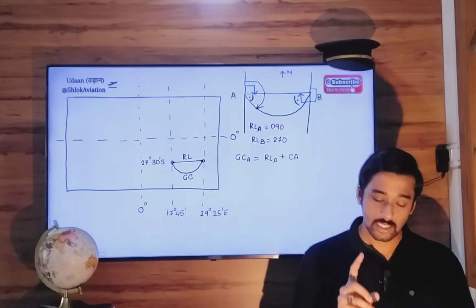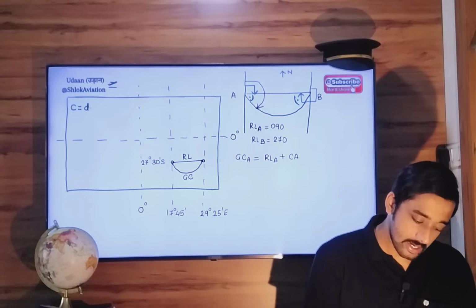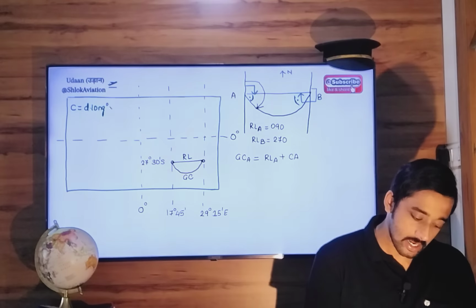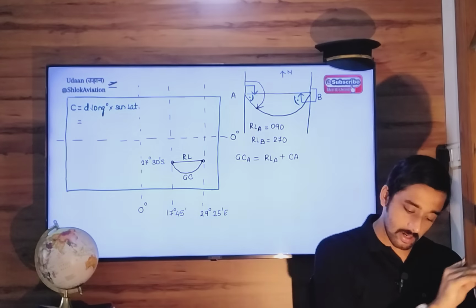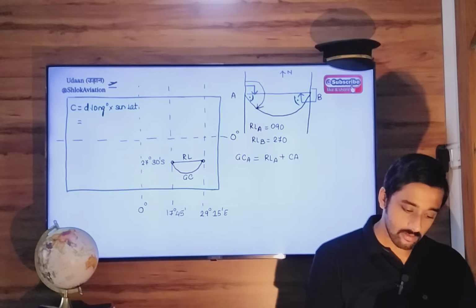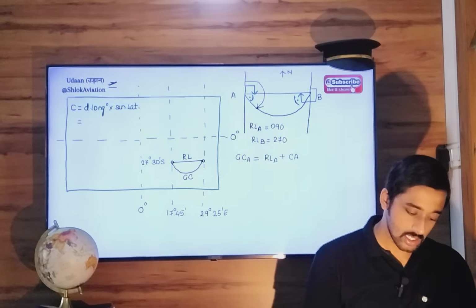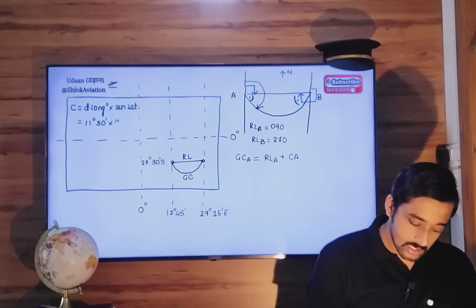So to find the convergency angle, we will find convergency, which is d long in degrees into sine of latitude. What is the difference in longitude between them? 29 degrees 15 minutes minus 17 degrees 45 minutes, which is 11 degrees 30 minutes. Sine of latitude.